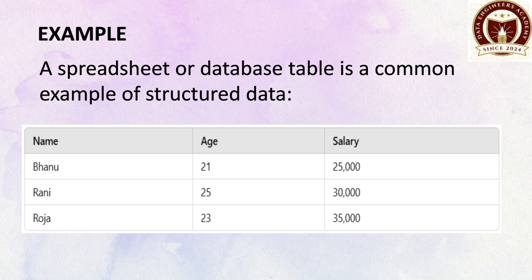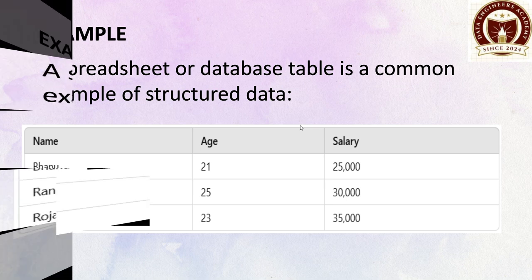Each column has a specific type of information, which makes it easy to read and analyze. Data is displayed as rows and columns within a table. For example, a table with columns name, age, salary. So these are the columns in this table.